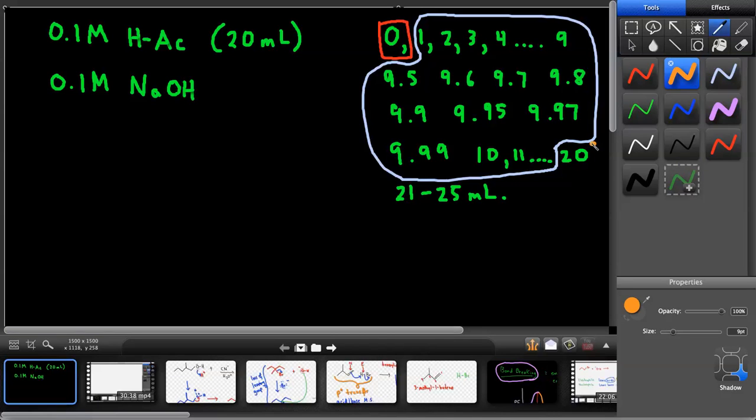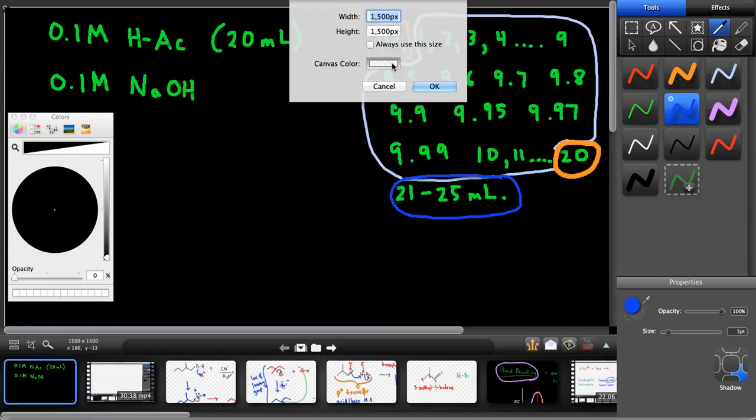The equivalence point, of course, we know from experience in class that this one stands alone. And then, of course, anything above the equivalence point will stand alone. So really, we're going to look at just 4 different calculation types. So let's get right to it.